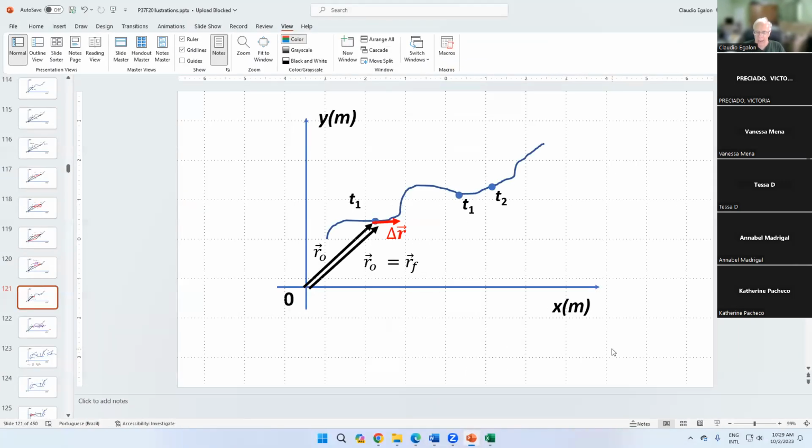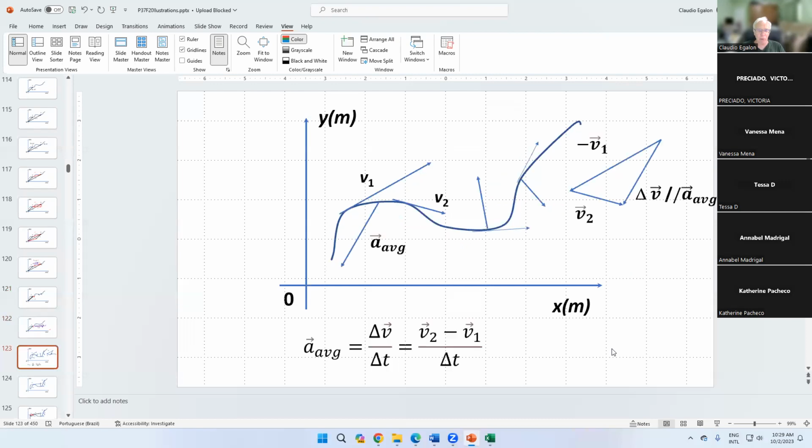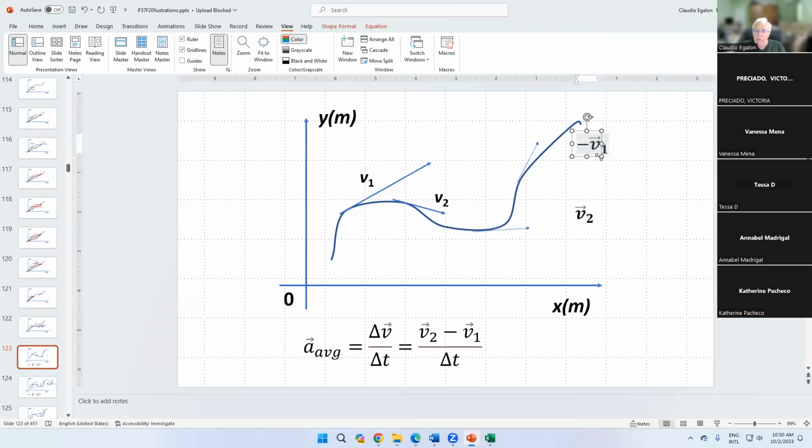So what does it mean? At each point in the path, you're going to have a velocity vector that's going to be tangent to the path. Let's not worry about the acceleration yet. Let's worry just about the velocity vector. Here you go. At this point, we have one velocity vector. At this point, we have another velocity vector. At this point, we have another velocity vector.